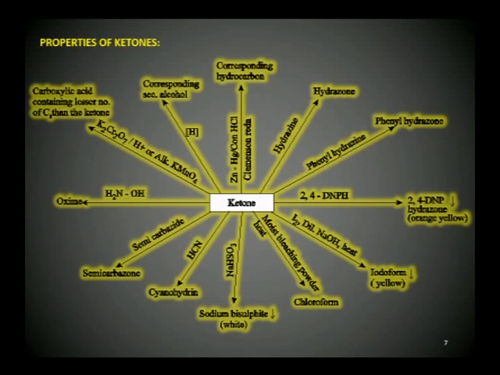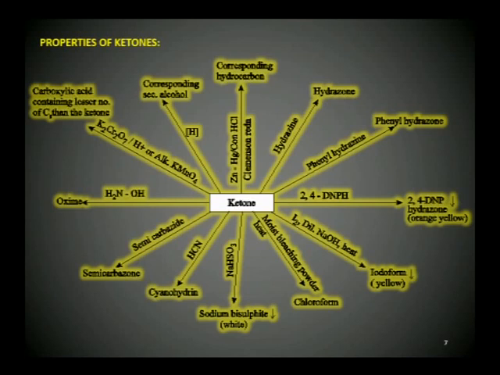Ketones react with 2,4-dinitrophenylhydrazine to produce 2,4-dinitrophenylhydrazones, which is an orange-yellow or orange crystalline precipitate. When ketones react with iodine and dilute NaOH, we get a yellow precipitate, which is called iodoform.